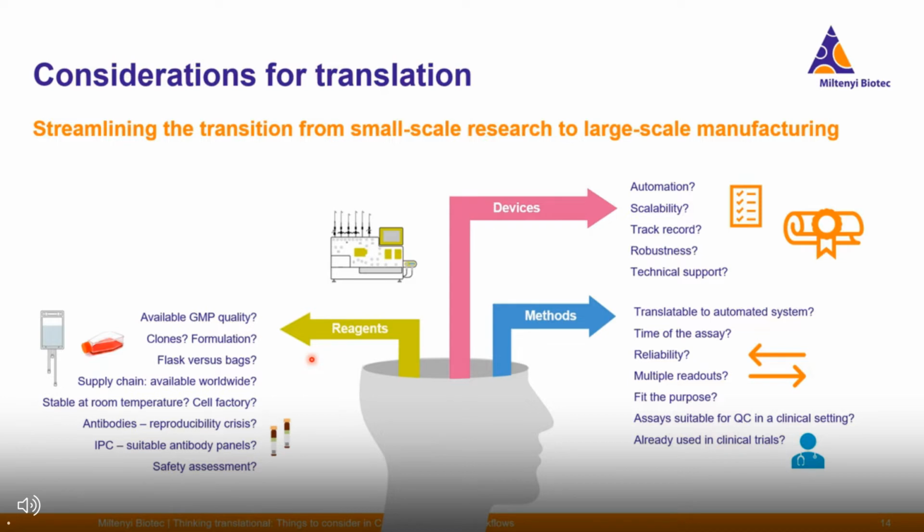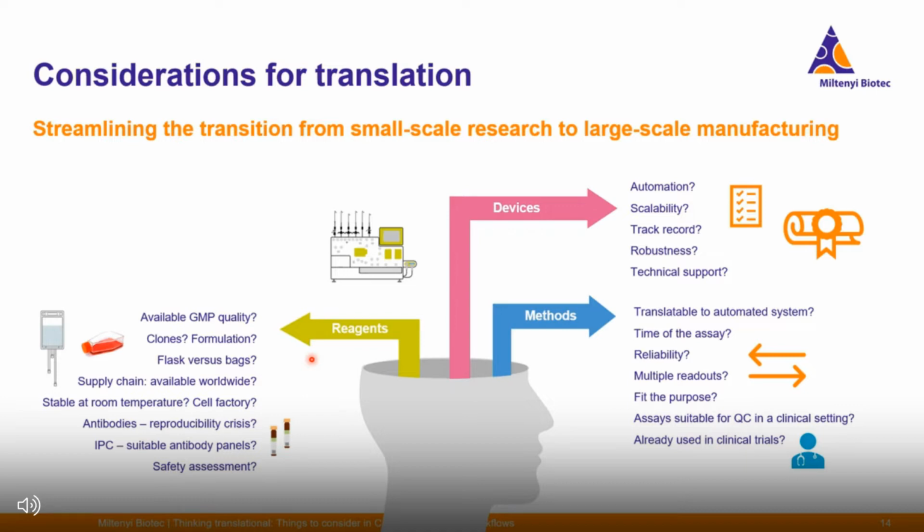Are these the same clones and formulation, or does this differ? And how does this influence my process? Also, in terms of the packaging, in a large scale, is it then bags versus flasks in small scale? What about the supply chains? Are my reagents available worldwide?